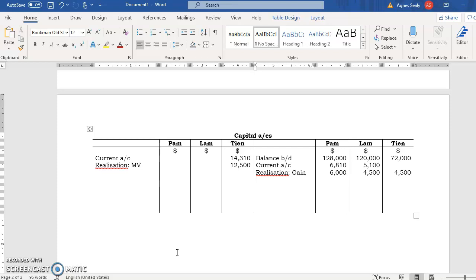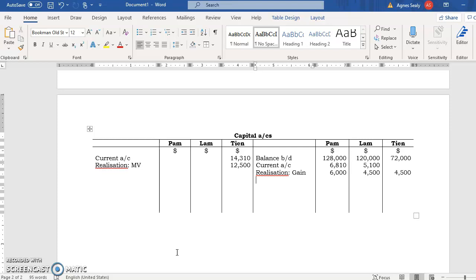Because we want to close the partners' capital accounts, we will debit the partners' capital account for the shares being issued, which are ordinary share capital, preference share capital, and there will also be a share premium. The credit will go to Apex Limited's ordinary share capital account, preference share capital account, and share premium account.